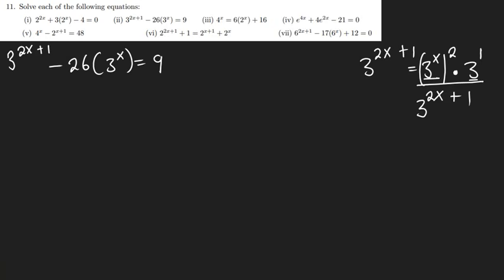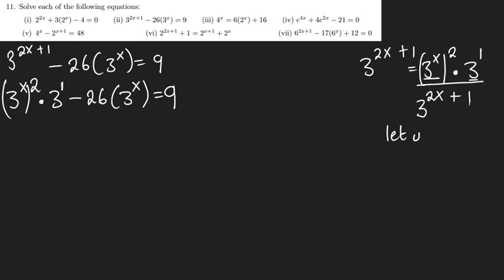So this can also be written as 3 to the power x, then everything raised to the power 2, multiplied by a 3 here raised to the power 1, then minus 26, then 3 to the power x, equal to 9. We can use the same concept and let y equal 3 to the power x.